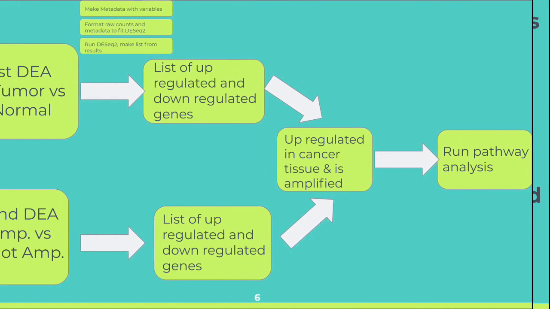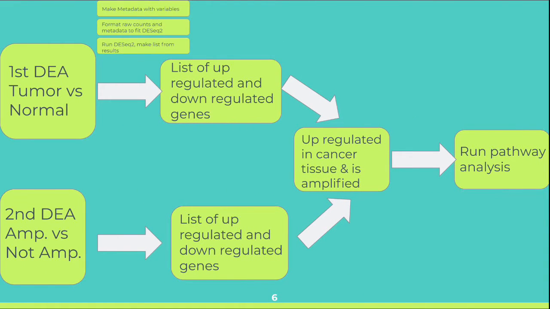Our basic workflow is broken up into 2 differential expression analyses. The first looks at tumor versus normal tissue, the second at amplified versus non-amplified. Once we've run our differential expression analyses, we get a list of upregulated and downregulated genes.